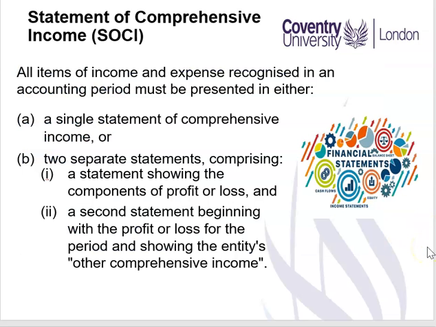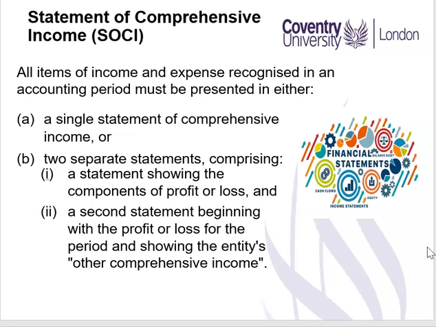In terms of the statement of financial performance, we will focus on the statement of comprehensive income. Remember I said that this one was referred to as the statement of profit or loss and other comprehensive income. So we'll continue now to refer to it as the statement of comprehensive income. All items of income and expenditure recognized in an accounting period must be presented in either a single statement of comprehensive income, which is the format we are going to be using, or you may have two separate statements.